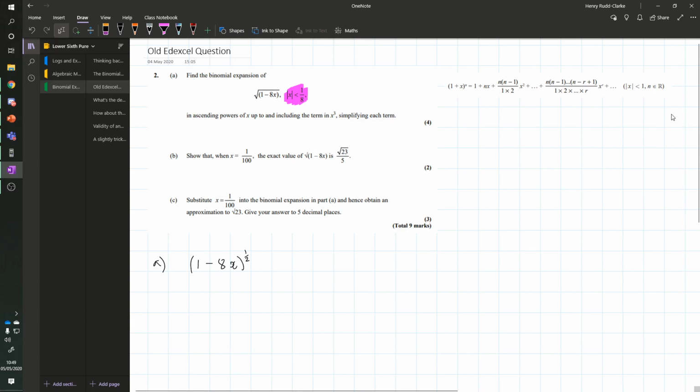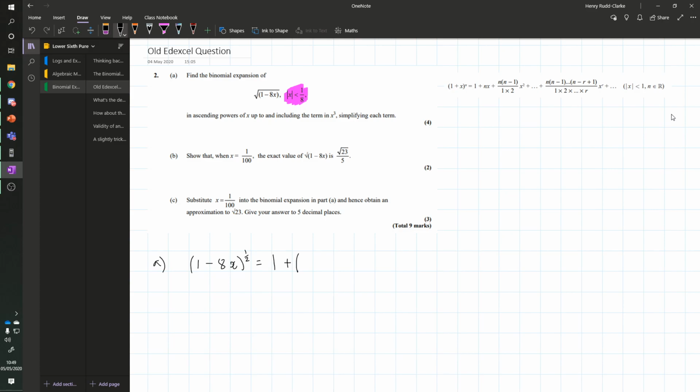We just start filling in our values from here. This is really just an exercise in being neat and doing all your algebra properly. So 1 is the first term, as it always is. At least in this case, where we have 1 as the first term in the bracket, this is always going to be 1.